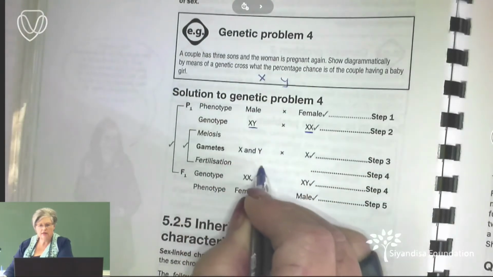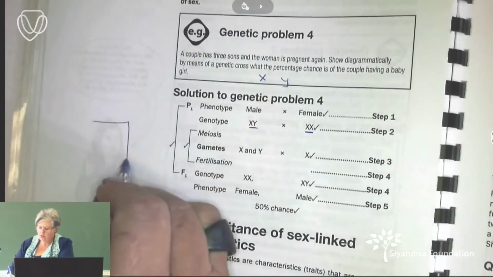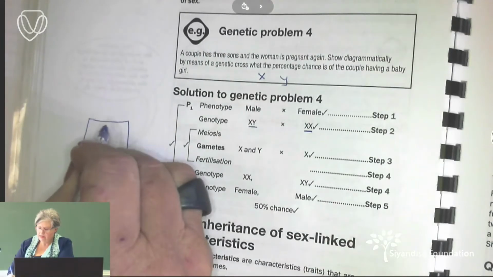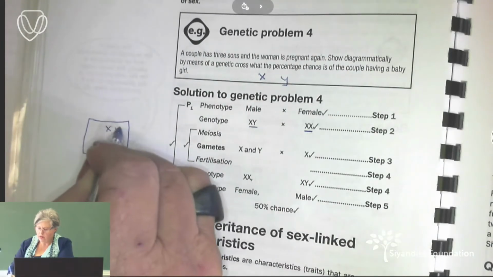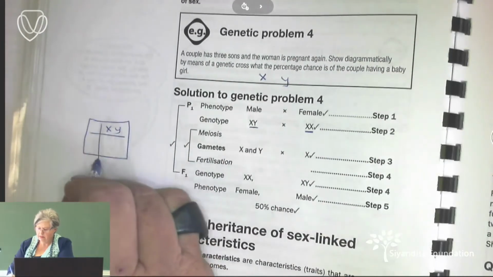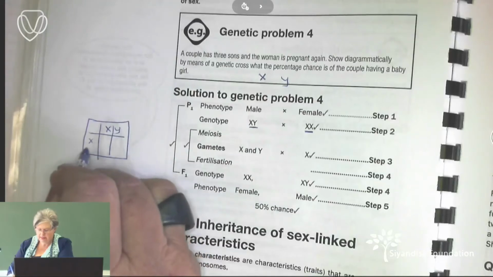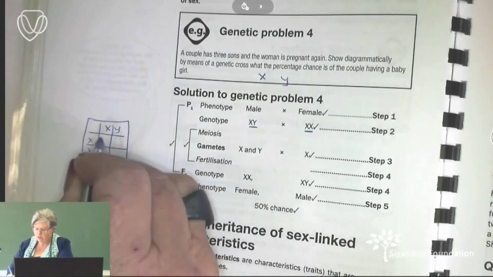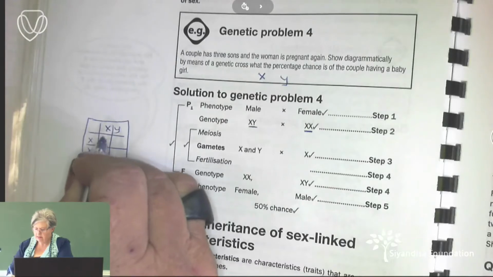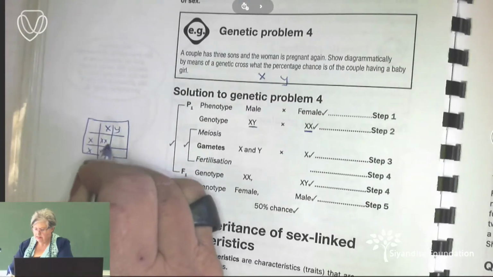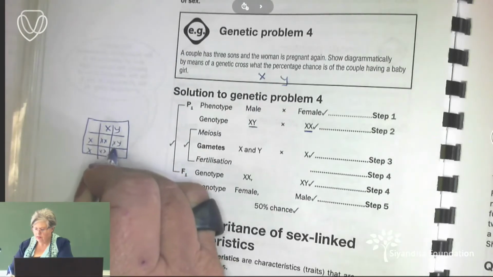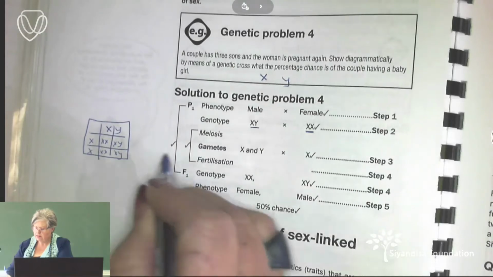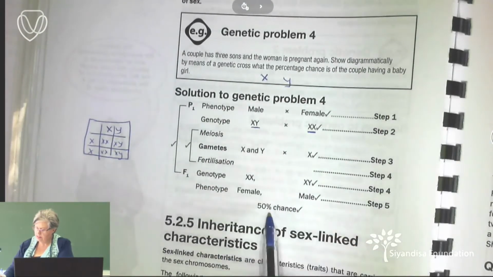So let's just draw the Punnett square here. It's XY for the male there, and XX for the female here. That one will be XX, and this one will be XX. This one will be XY, XY. So what is my ratio?